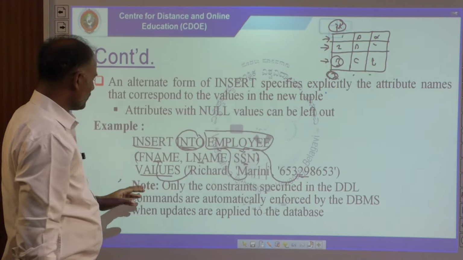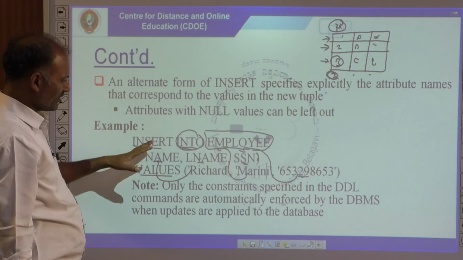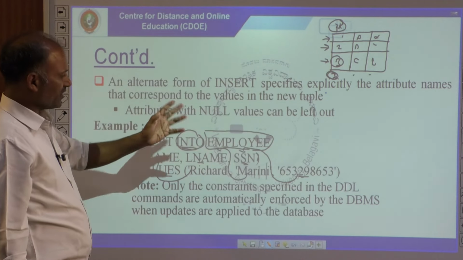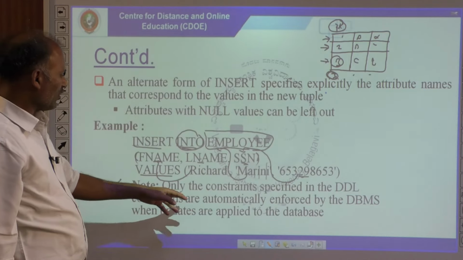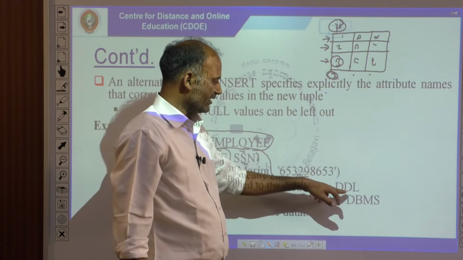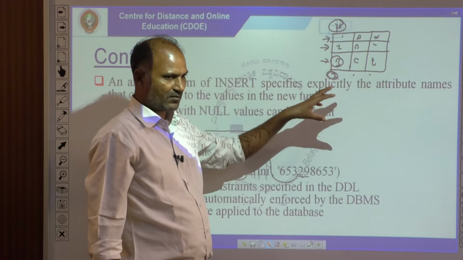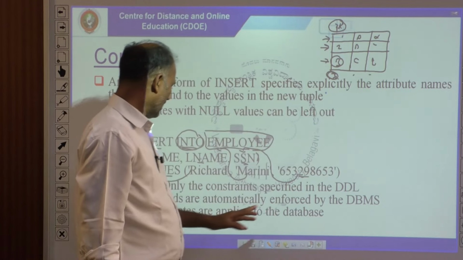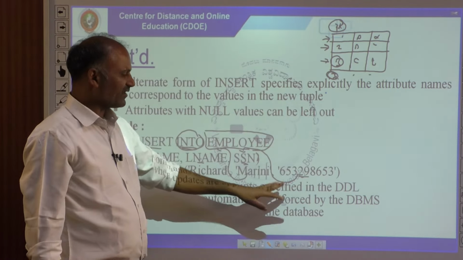Whenever you are performing insertion or making changes to the database, note that only the constraints specified in the DDL, that is, the rules or constraints you specify on the tables at the time of creating a table, are automatically enforced.